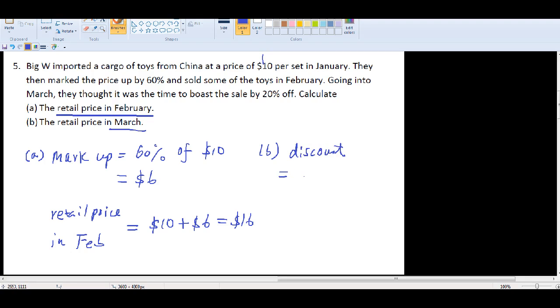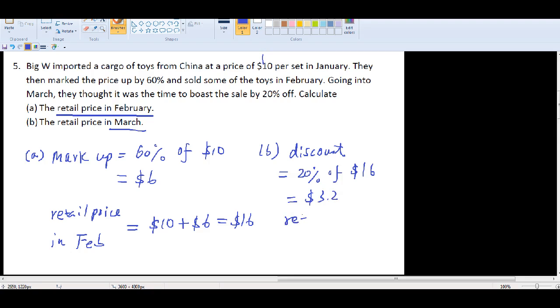The discount will be 20% of what? Of the price in February, which is the mark price. So it will be 20% of $16, and that will be $3.2.